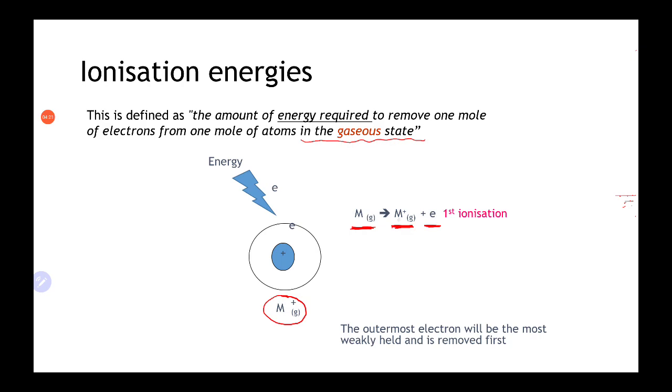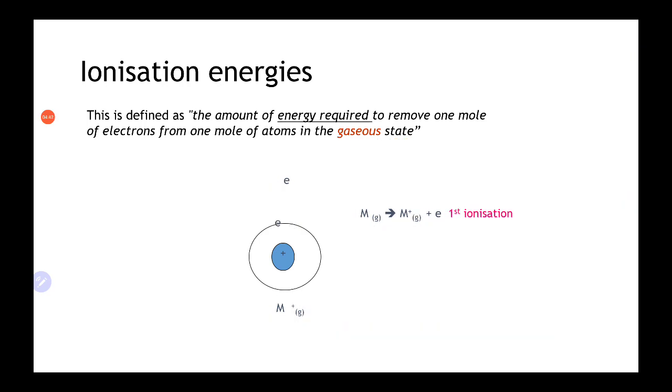So you need to be able to write equations like that for different elements. So again, we'll get practice at that as we go on. So the amount of energy required to actually do that and turn that into an ion is in the data book, right? For every single element, there will be a particular value for that, which we'll look at in a bit more detail in a minute.